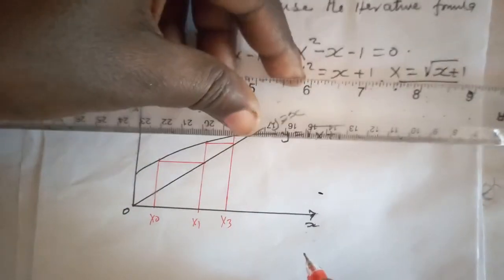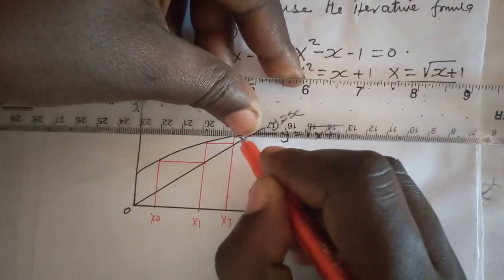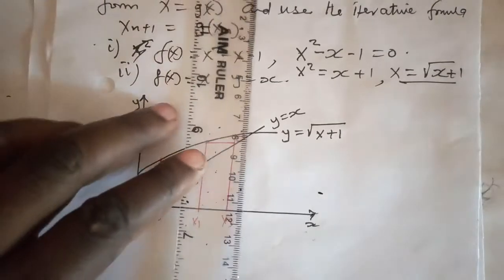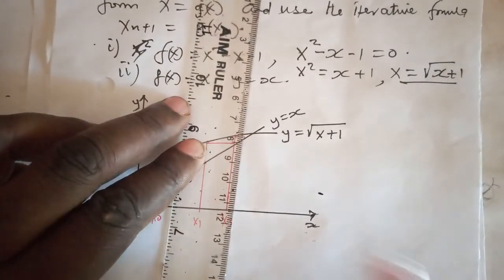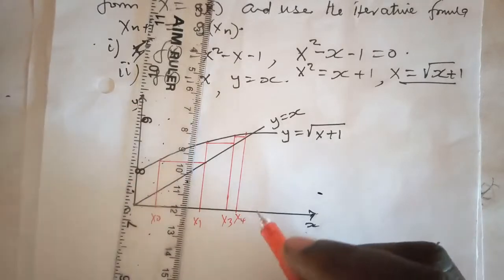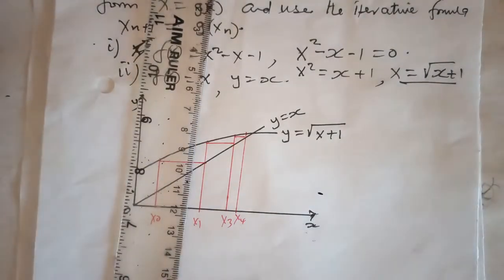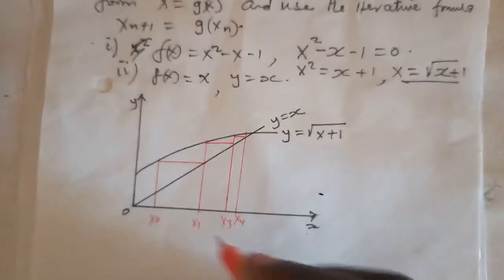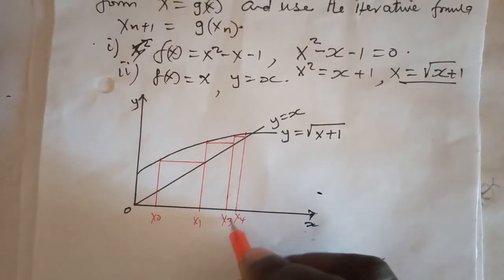So if we now get horizontal here and then draw another point x4, we may realize that this is not x3 but x2. There is x3 there.